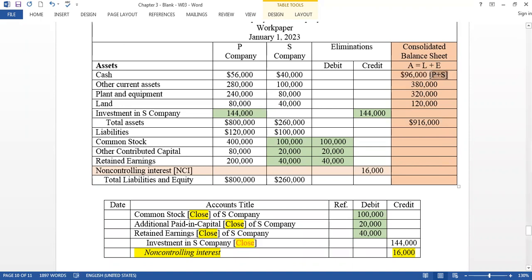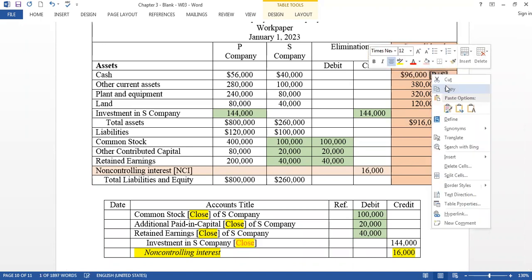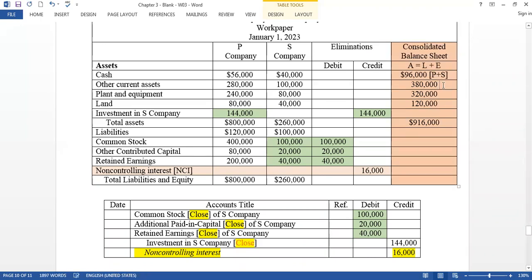You don't need to tell me P plus S. In the exam, it's not mandatory. So I put here P plus S to show you why we delete this, right? And the liabilities, 220,000.